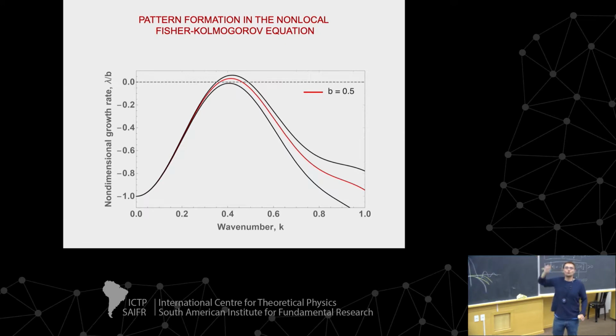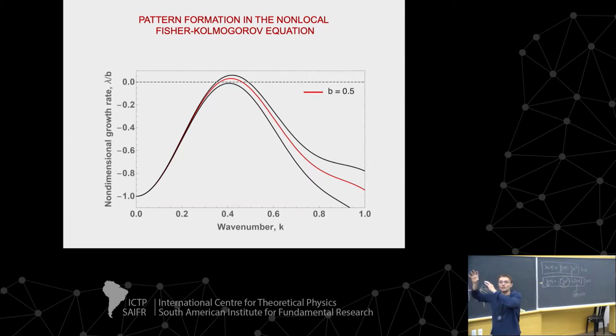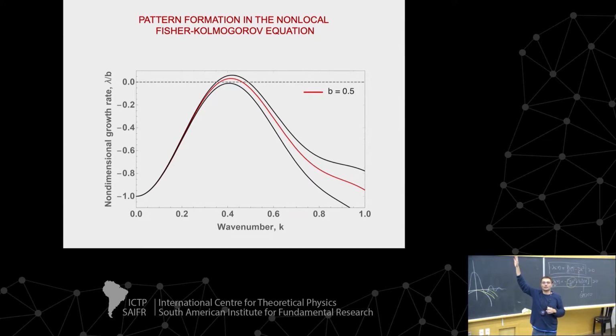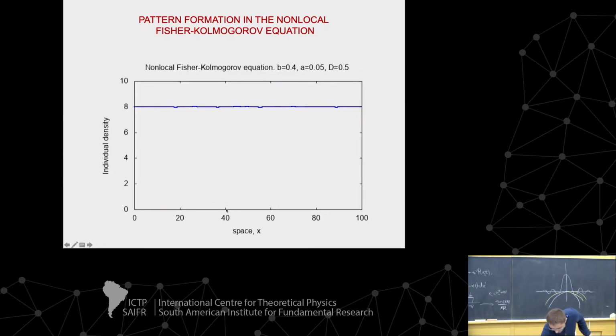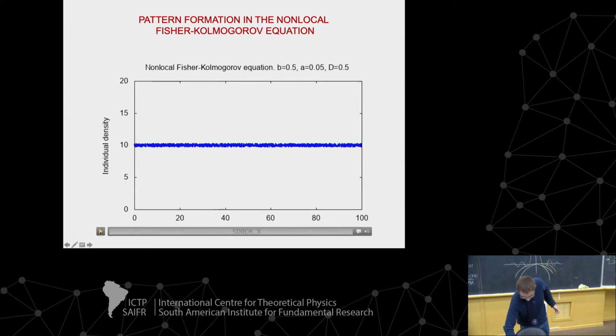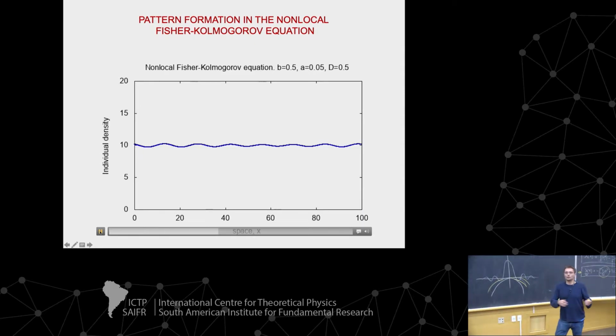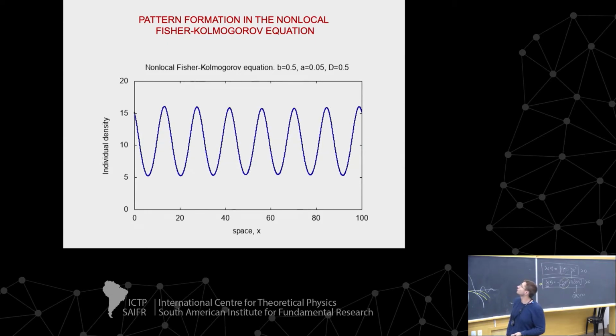And actually, the maximum should be the first one becoming unstable. So the wavelength of my pattern should be in the range of the wave numbers that are unstable, because the other ones are decaying, right? So here, it's hard to say, but the periodicity of the pattern, which is of the order of 15, is related to 1 over 0. So it's related to the wave numbers that are unstable. Okay.